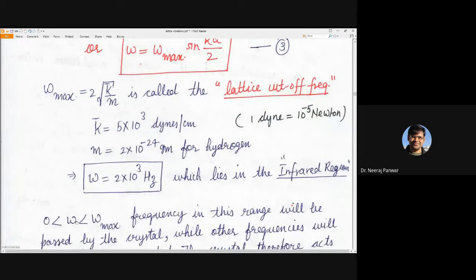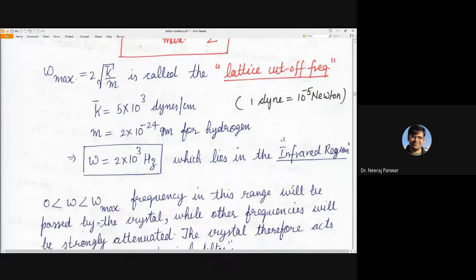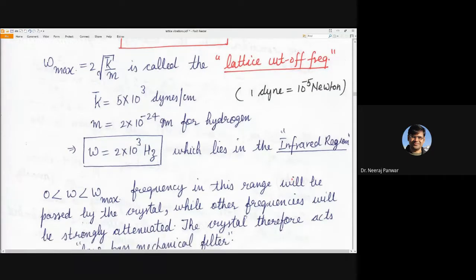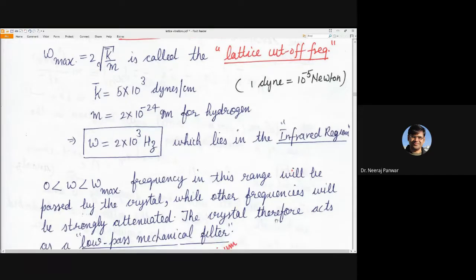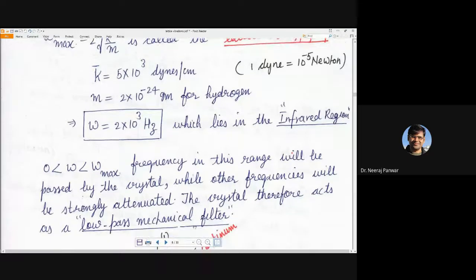So when the frequency is between the minimum and maximum frequency, these frequencies are allowed, while other frequencies are strongly attenuated. Therefore the crystal behaves as a low pass mechanical filter.